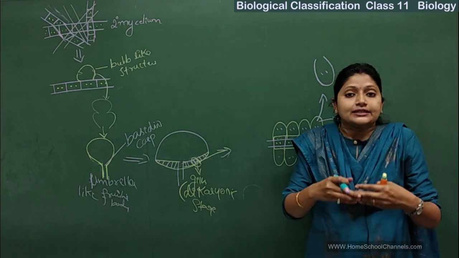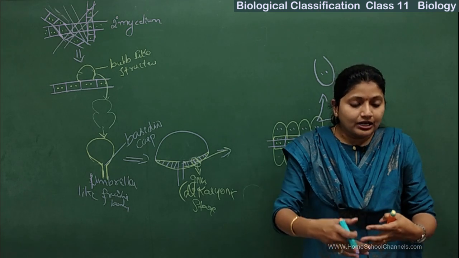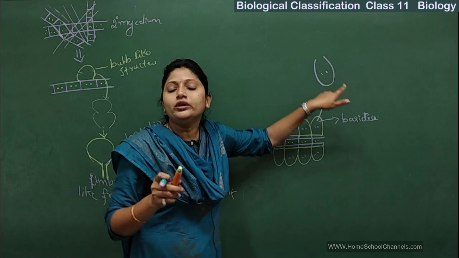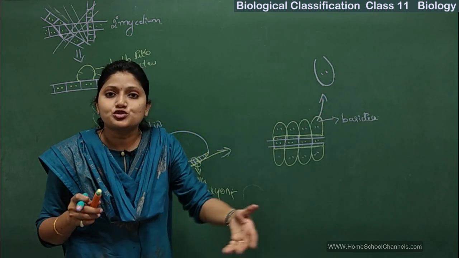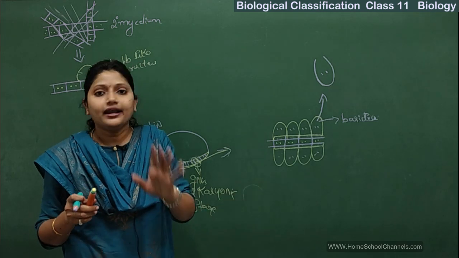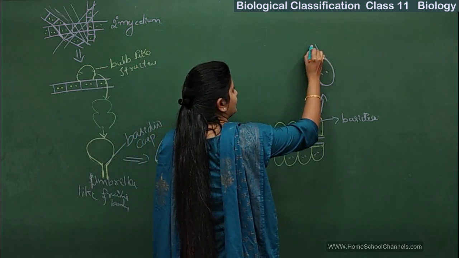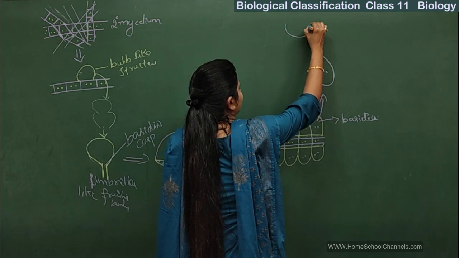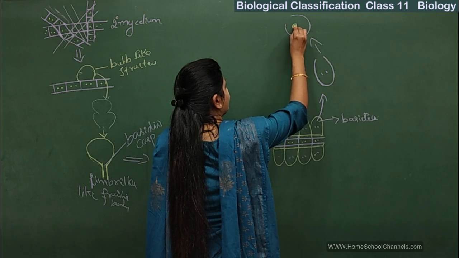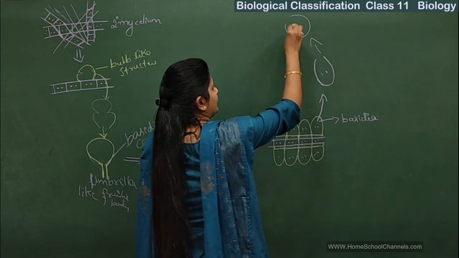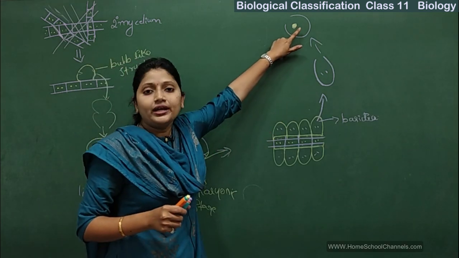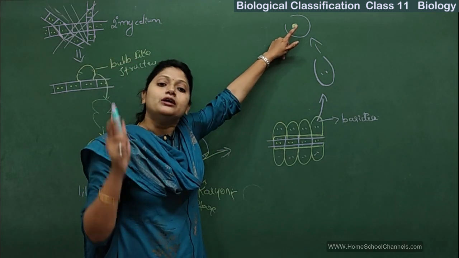So these two nuclei will now fuse together, and that fusion of the nuclei is called karyogamy. They have fused now and formed one single nucleus. Till now they were haploid in nature, and now it has become diploid.